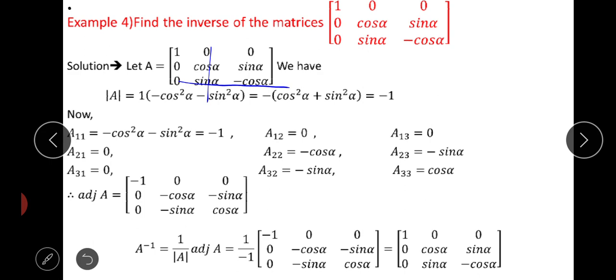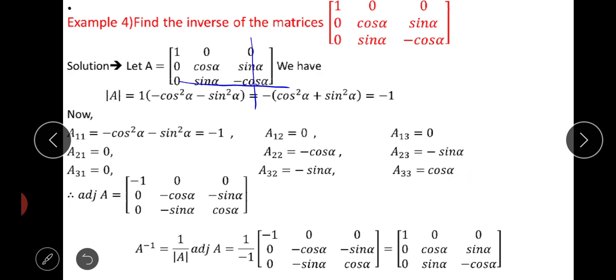But minus 1 to the power 3 plus 2 is 5, minus 1 to the power 5 is minus 1, so minus 1 into sin alpha is minus sin alpha. Then the cofactor of A33: delete the third row and third column, cos alpha into 1, cos alpha, minus 0, which is nothing but cos alpha.